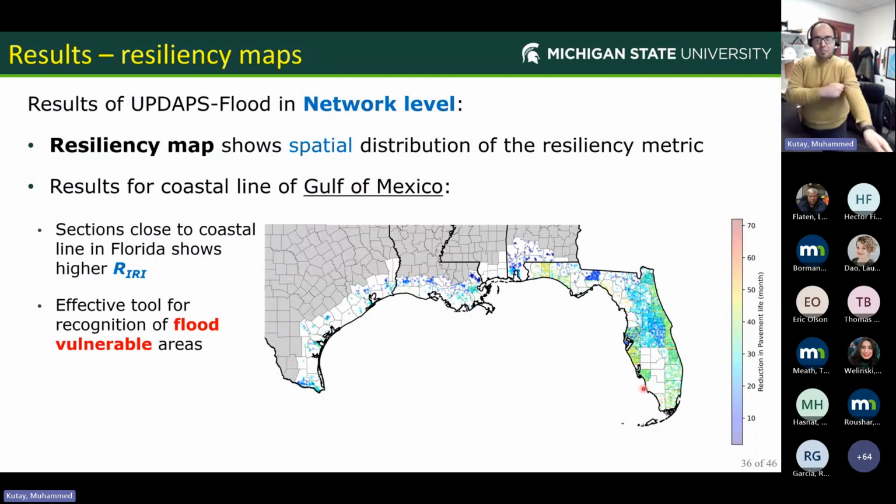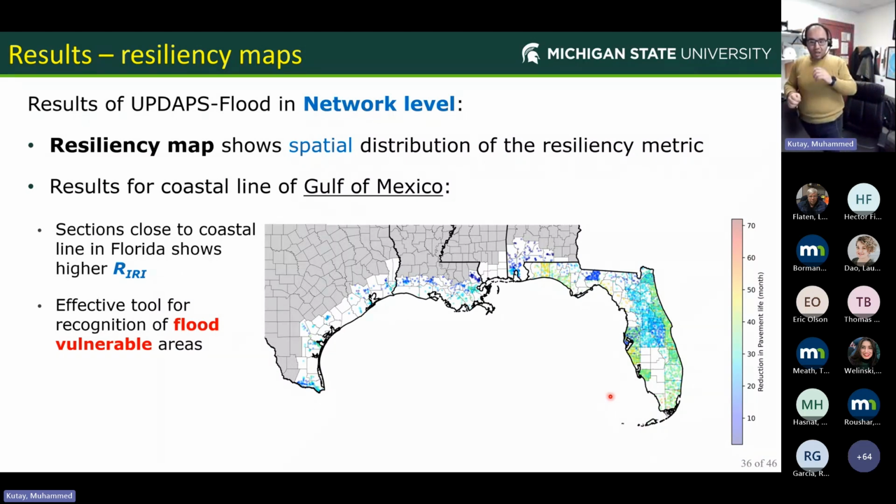And this is more expected because they are on the coastline, and because of the sea level rise and the coastal floods, you are seeing much more flood damage to the pavement in this area.